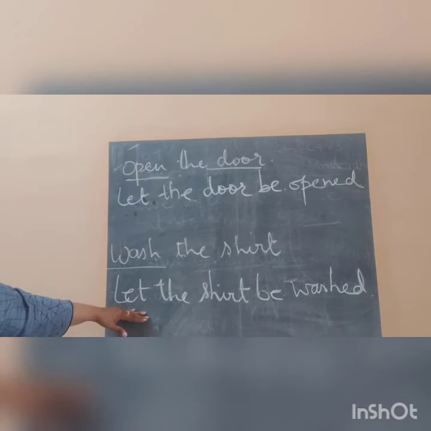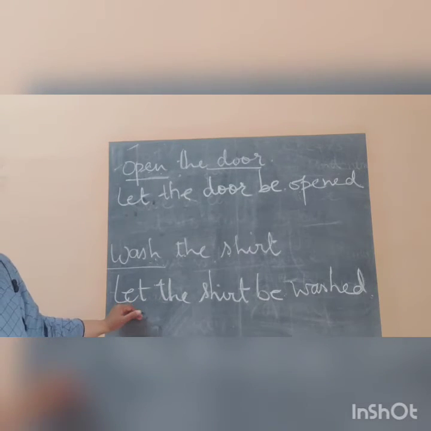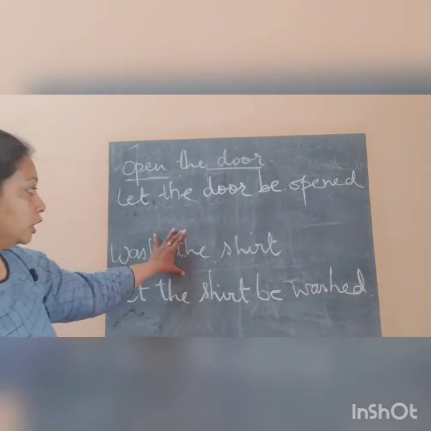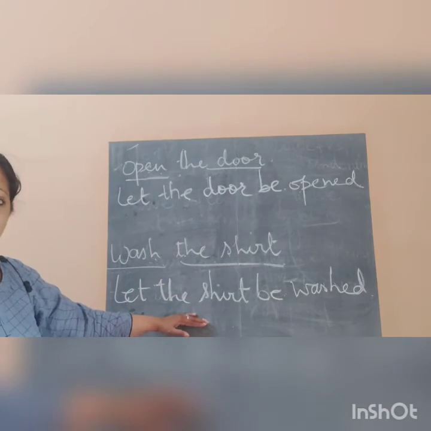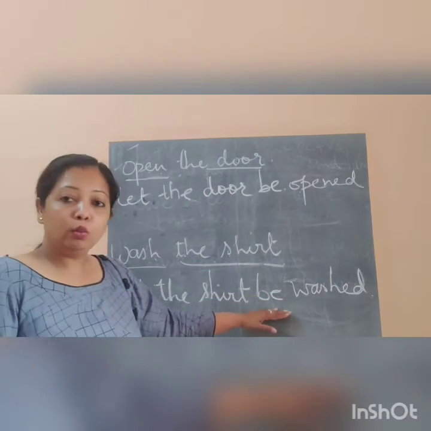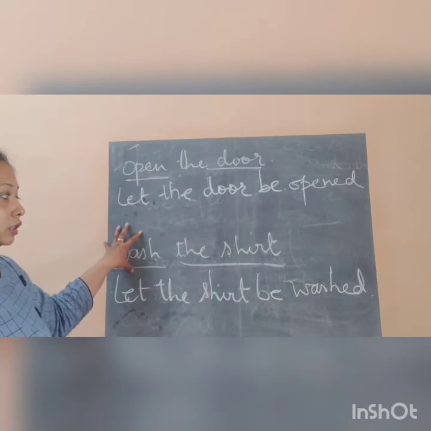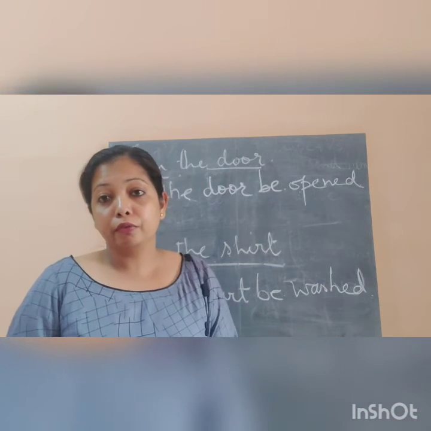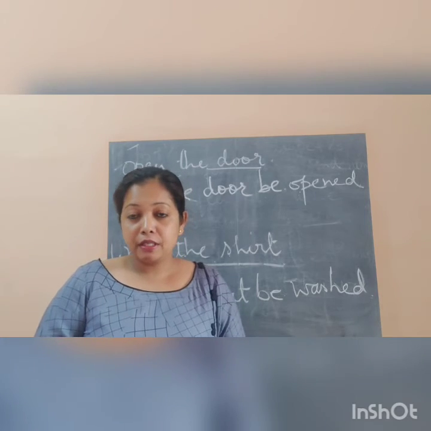So you just have to write let here in the subject place always whenever you are doing imperative sentences. Then you need to copy the object as it is, and be will be written, and wash is the verb that will be changed to its third form, the past form, as we change in imperative sentences.